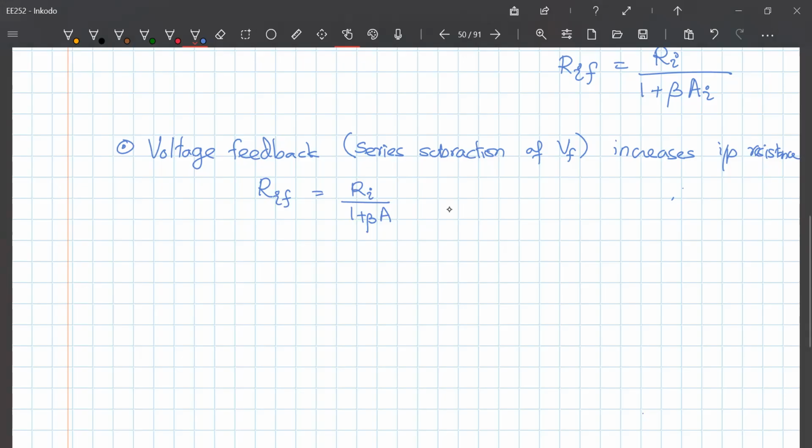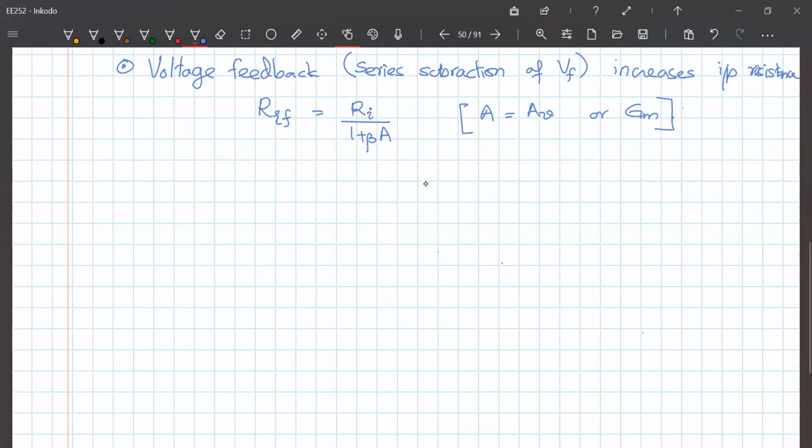Depending on the type of amplifier, this A will either have units or not, so we have to keep that in mind. A is equal to AV or GM depending on the amplifier.